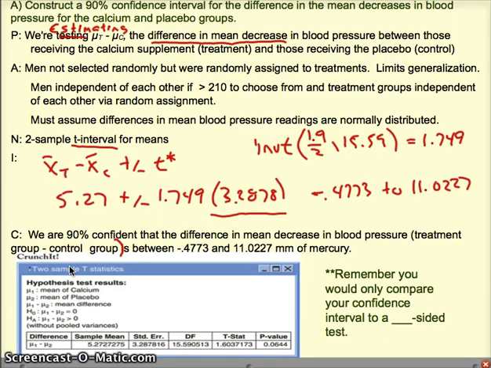And there's the Crunch It table again that we pulled it from. Now, we can make significance test decisions off of a confidence interval, which we'll do in a second. But remember, if we're going to do that, it's a two-sided test we're making a comparison to. Here we happen to have a 90% confidence interval, so we can make decisions about hypotheses in a two-sided test using alpha equals 10%.